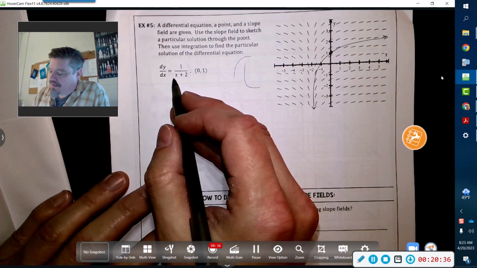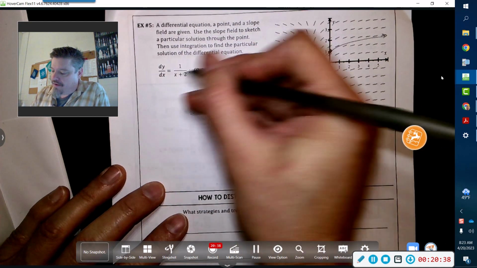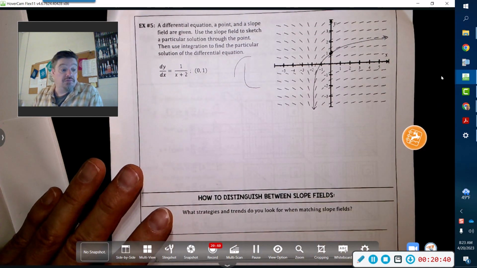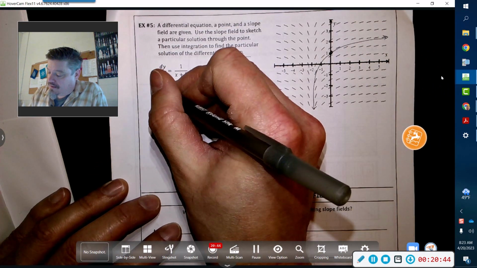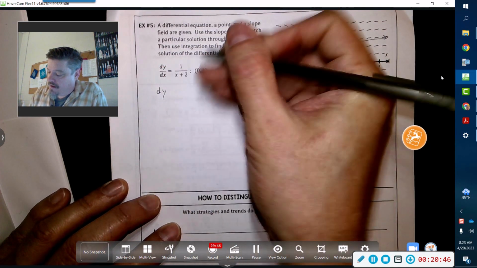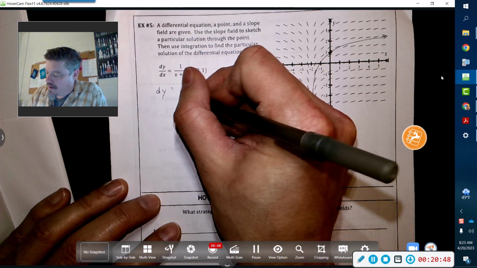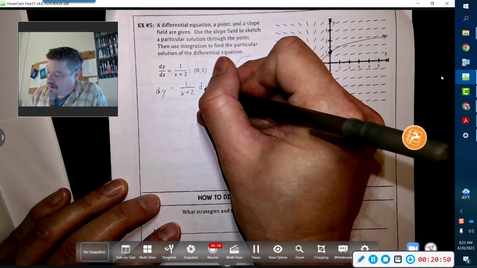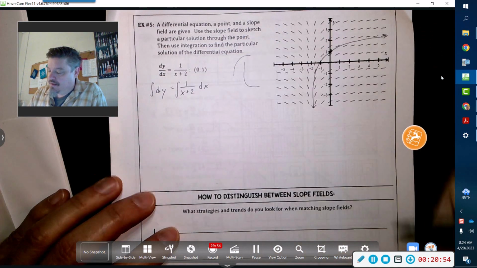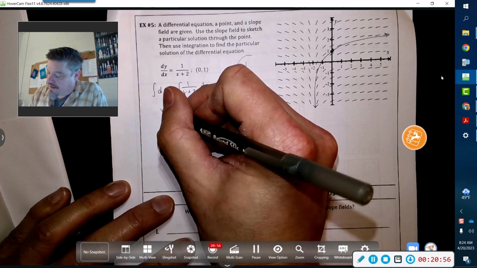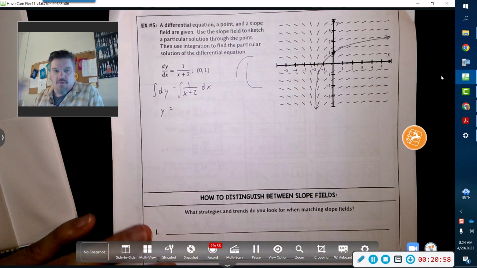Now this follows the 1 over pattern. You could just do a u-substitution if you wanted to. You could also do this. Take the antiderivative of both sides, and now you are just left with y. This is how it plays out algebraically.